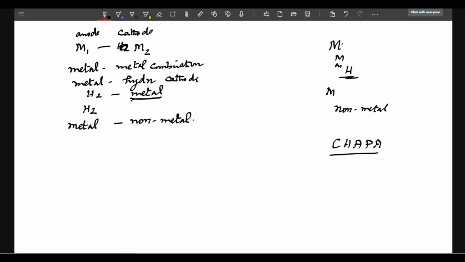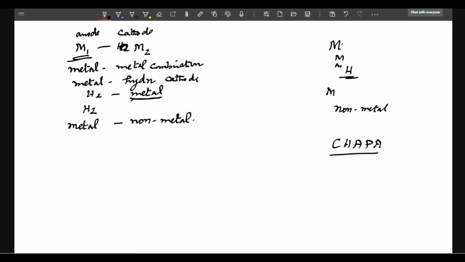In all other cases, the metal would be acting as the anode. This question may be asked: when hydrogen is acting as the anode, is there any metal electrode acting as the cathode? Can you give the answer? Yes, there are 5 metals, and they would definitely act as the cathode. Therefore, this is another combination.